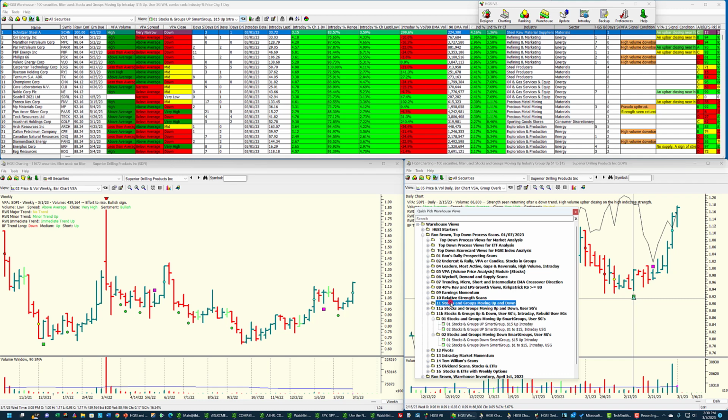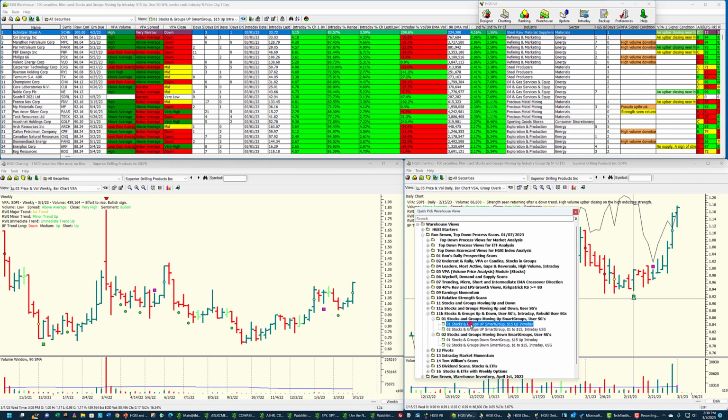So you can compare the Woodward and Brown stocks and groups moving up to these intraday groups. These groups are going to be locked in to 11A at the end of the day, and you can compare. After you do your download, you can compare the WB Smart Groups to the groups in 11A. And you're going to see a difference because we're talking momentum here.